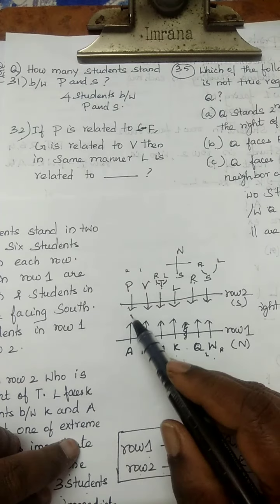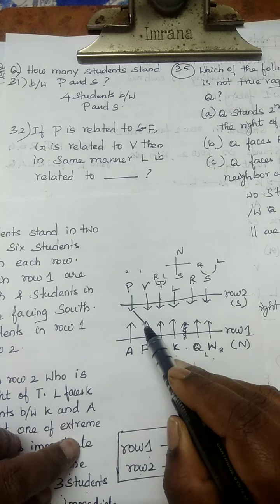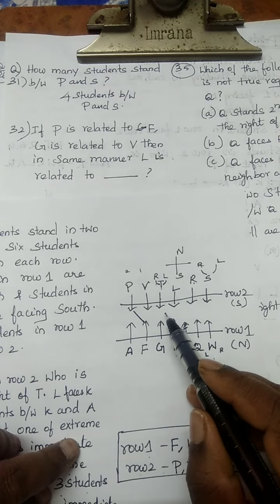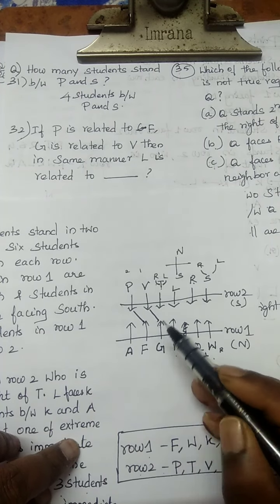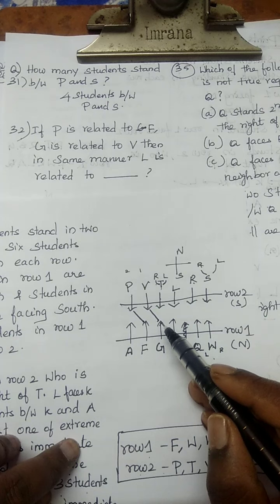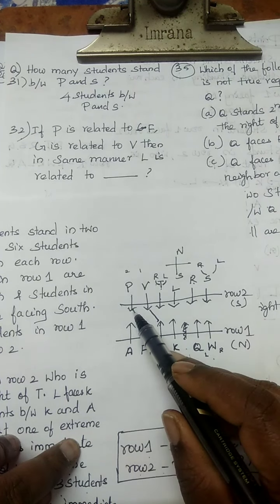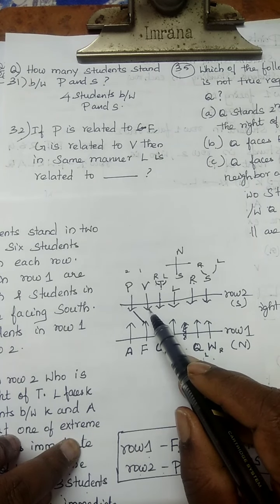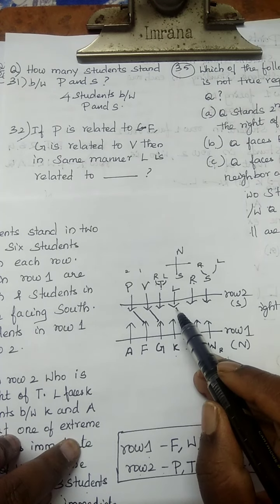P is related to F. In the same way, G is related to V. In the same manner, L is related to what? So, P first in row 2, second in row 1, second in row 2, third in row 1. Where is L? L is at 4th place.